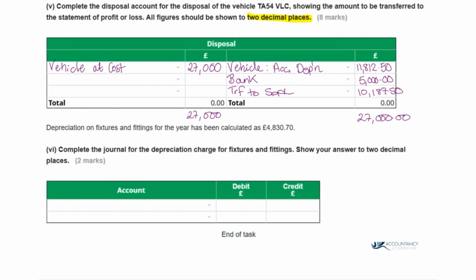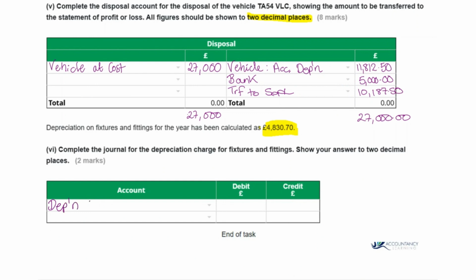Then the final part of this task is to complete a journal for the depreciation charge for fixtures and fittings. So this time we're literally just putting the journal in. We are given the depreciation amount. So depreciation is an expense to the business. So it will be your depreciation expense account.